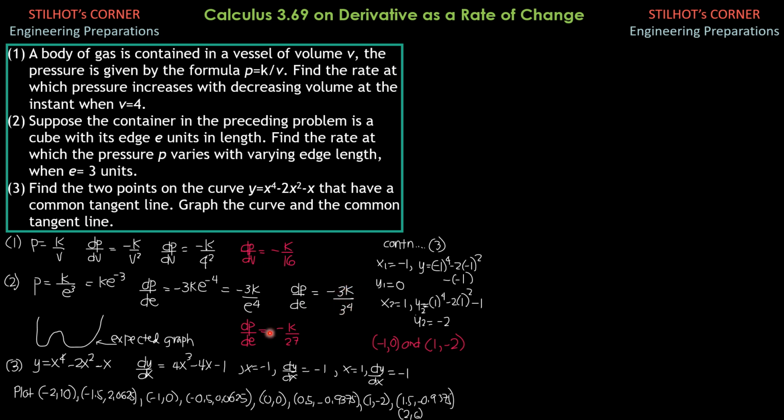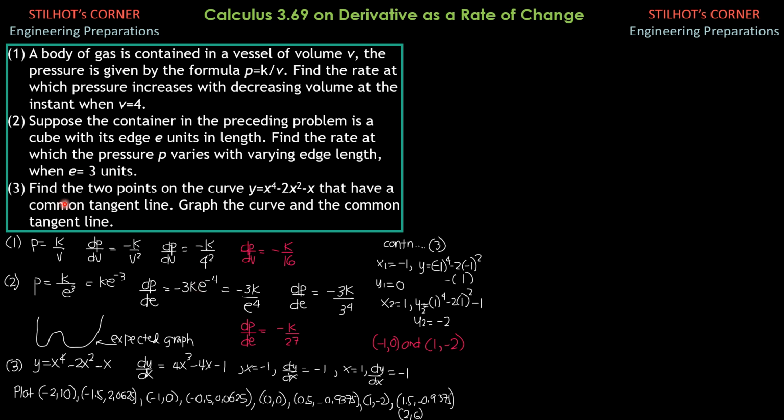So simplifying, the rate at which the pressure increases with decreasing volume or varies with varying edge length is equal to negative K over 27. And the units would be units of pressure per unit of the edge.